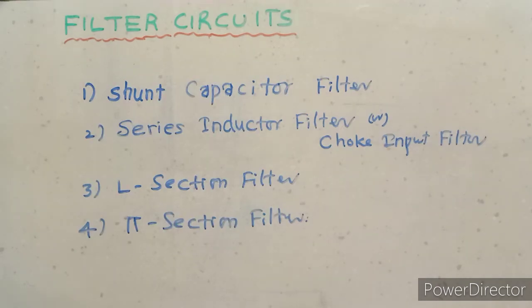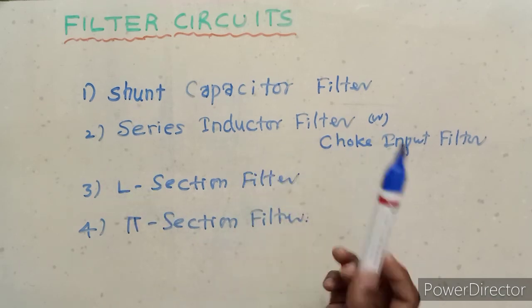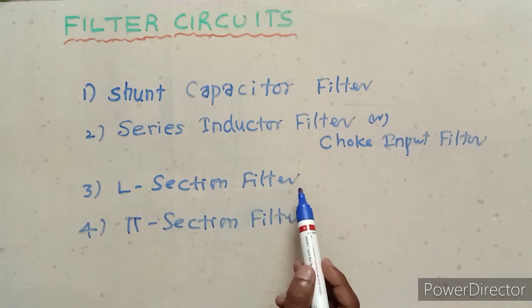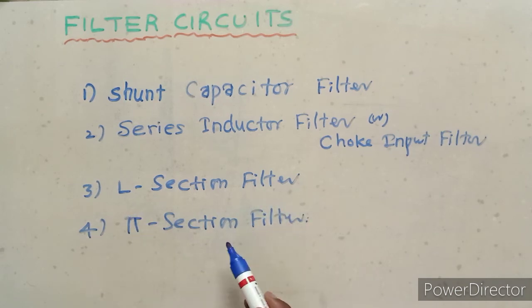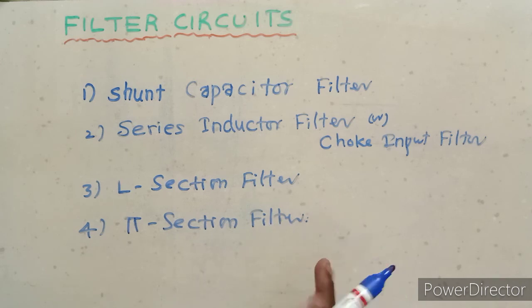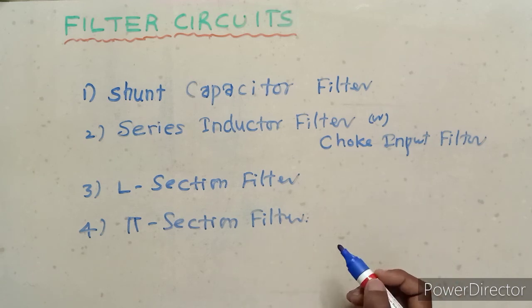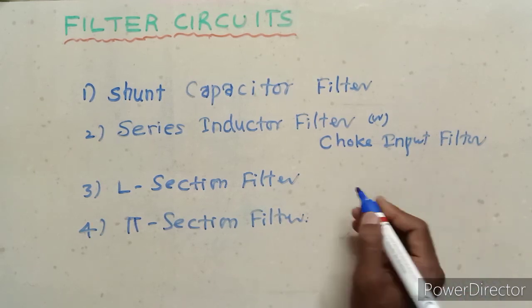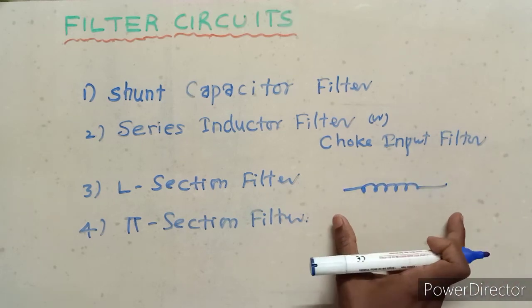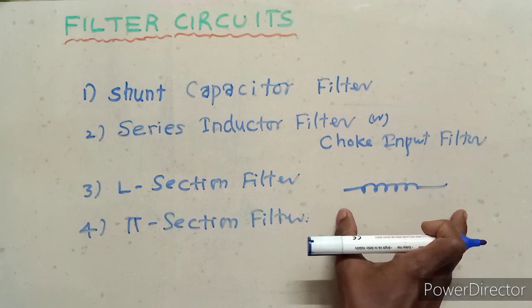According to filter circuits in power supply systems, there are four types. One is the shunt capacitor filter, second is the series inductor filter or choke input filter, third is the L section filter, and finally the pi section filter. In filter circuits, inductance is always connected in series with the load.